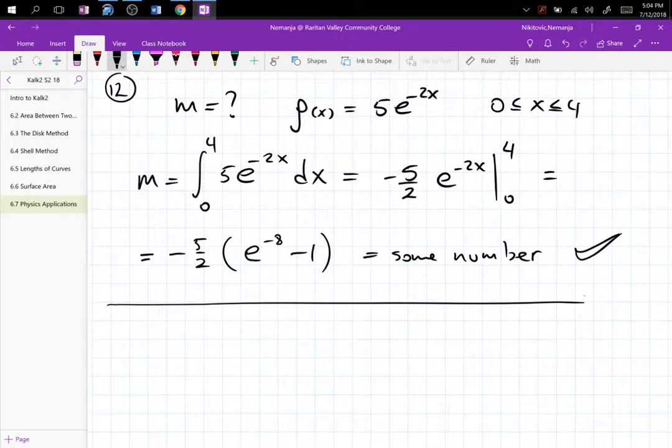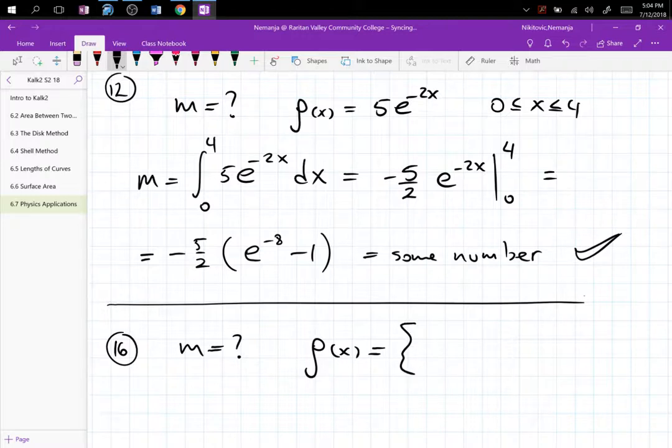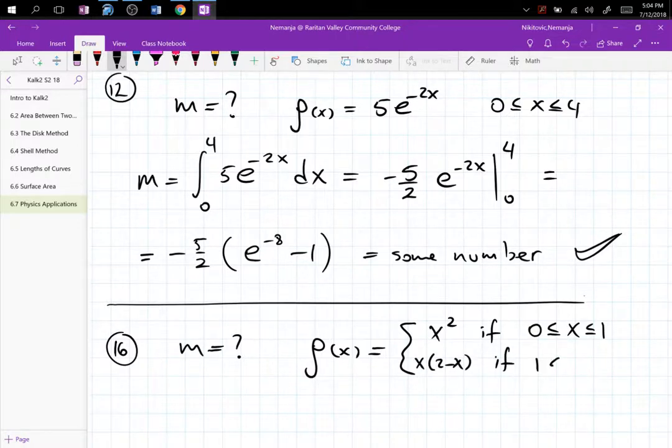Now, we can also use integrals to find mass. We can also use piecewise functions to describe our variable density. So let's say the density is x squared for the length 0 to 1, and it's 2x minus x squared if the length is between 1 and 2.